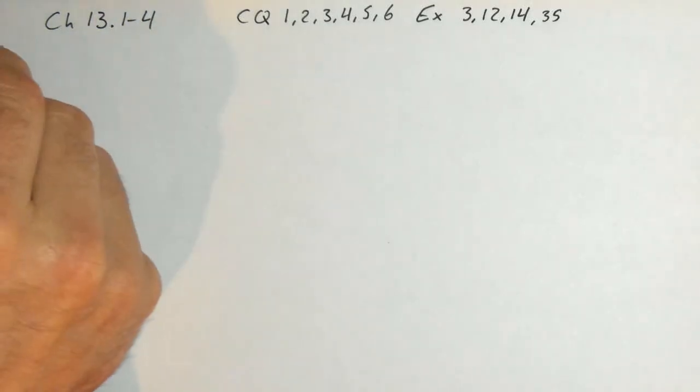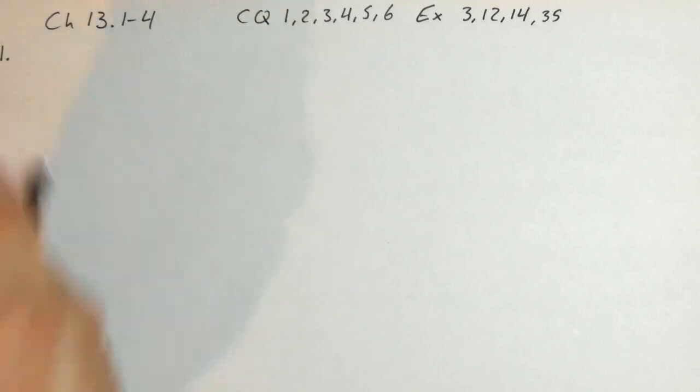So starting with concept question 1, the Earth's gravitational force on the Sun, is it larger, smaller, or equal to the Sun's gravitational force on the Earth? Answer is they're equal, okay?